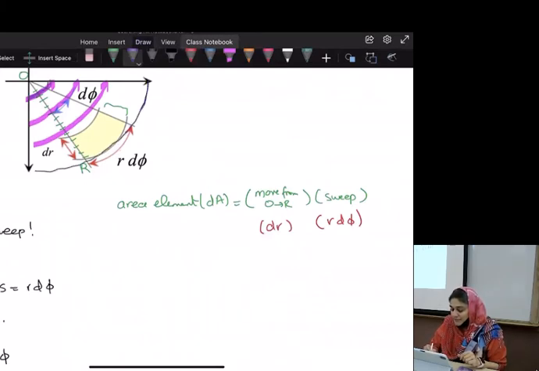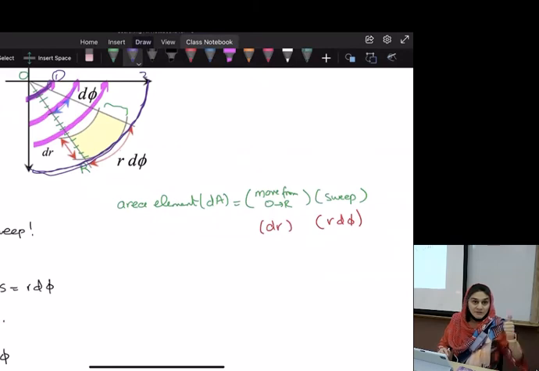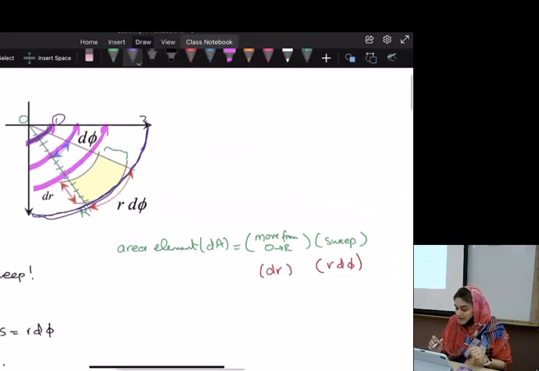Is it the same distance moved as if it was here? So look at path 1 and look at path 2. Are they the same distance moved? No. So you have to tell it which R you're talking about. As you go further out, your sweep changes. Got it? That's why we have the R there. Make sure we understand this because that's going to become important soon.